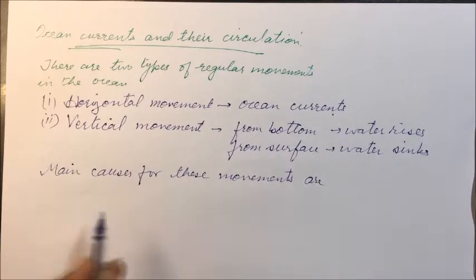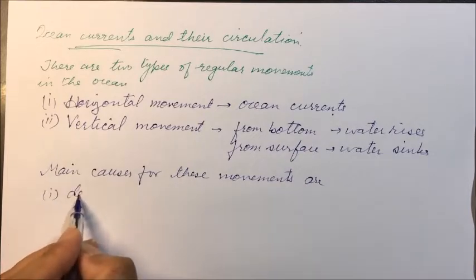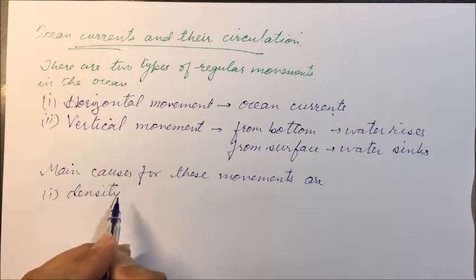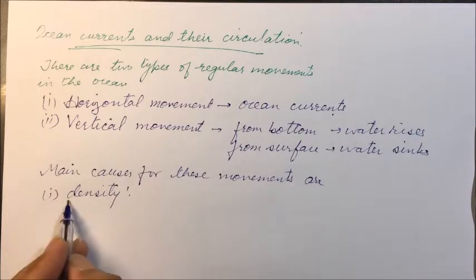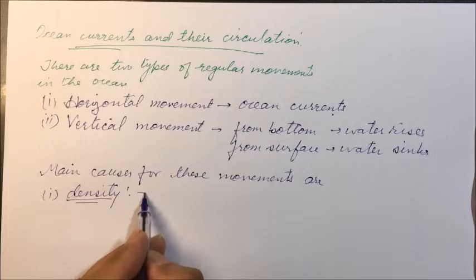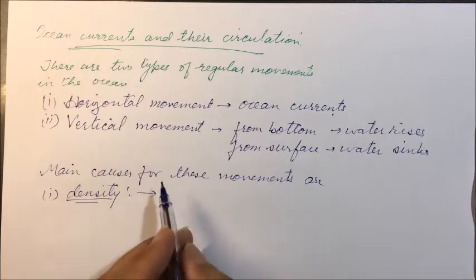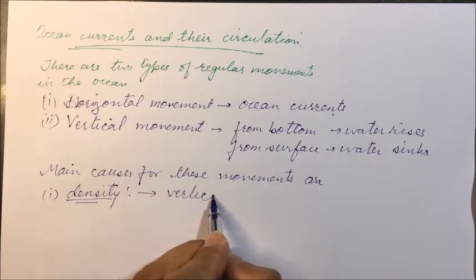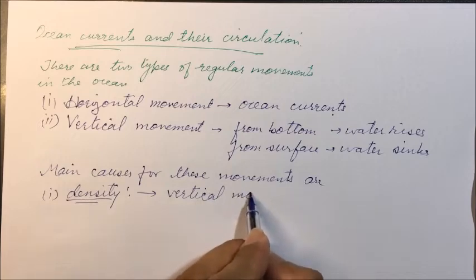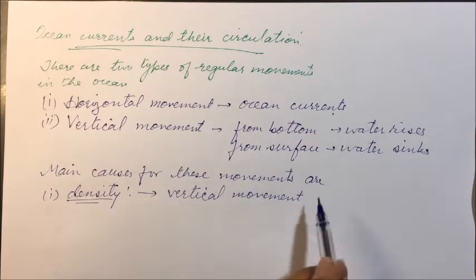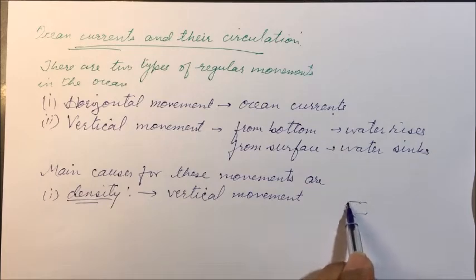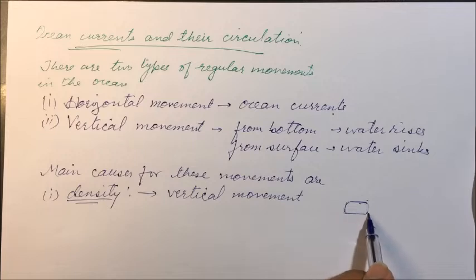First, the density. As the density varies in the ocean, there is a movement of water, and variation of density mainly results in vertical movement. For example, water on the surface gets heated, density decreases, it becomes less dense.